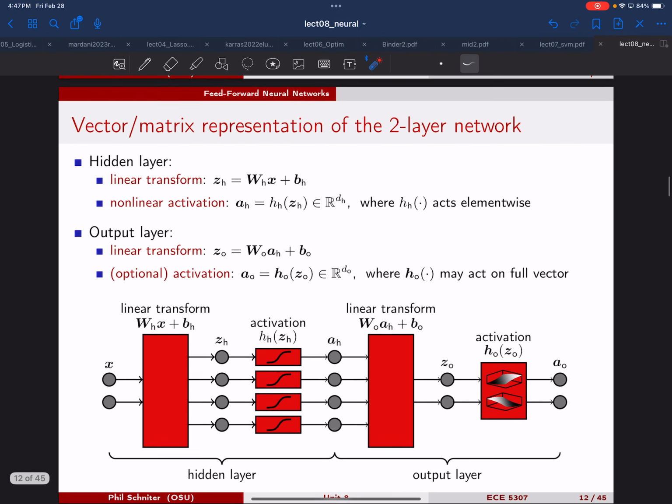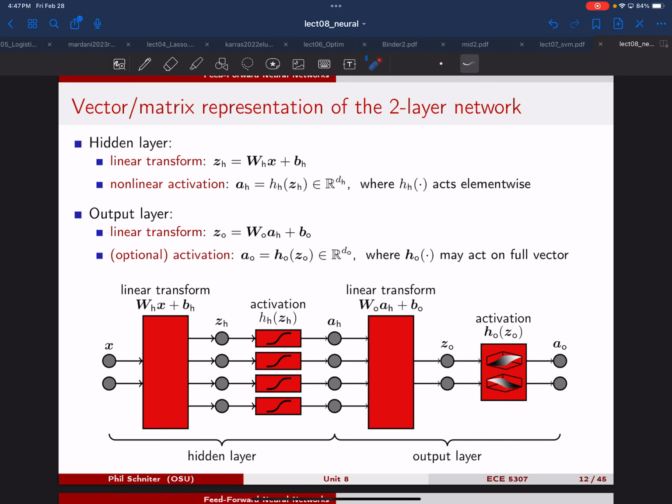Okay, great. So coming back to this more general 2-layer network we talked about on the previous page, but using more of an engineering type block diagram, this is how it might look. We have, in general, D different features. In the picture, there's 2.